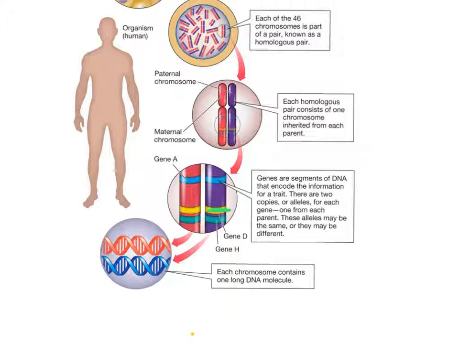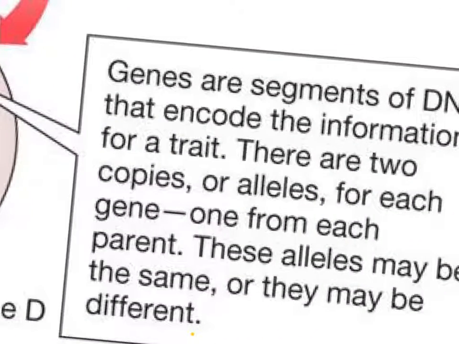So here we are. Each homologous pair of chromosomes consists of one chromosome inherited from each parent. The genes are segments of DNA that encode the information for not a trait, but a protein.